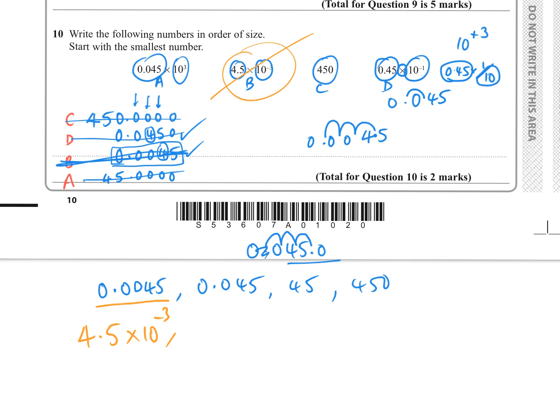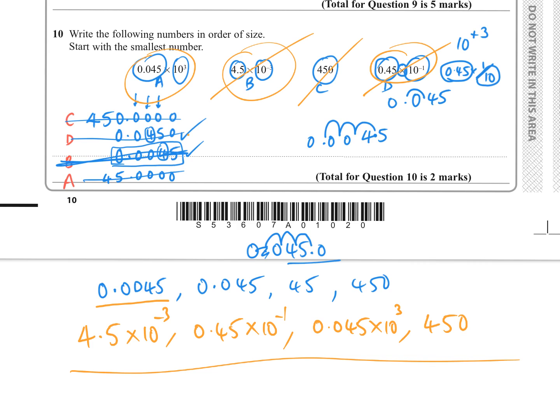Then we had 0.045, which was D, which was this one, which is 0.45 times 10 to the minus 1. Let's get rid of that one. Well, this one was the biggest, C, so we can put that one there. And then it just leaves this one, which was A, which is 0.045 times 10 to the 3. So sorry for the mess there, but that's the smallest to the largest.